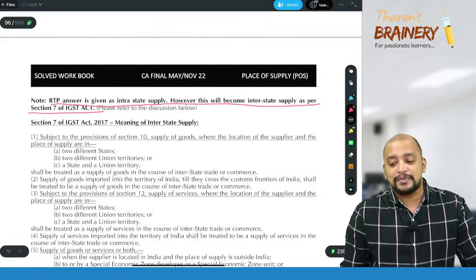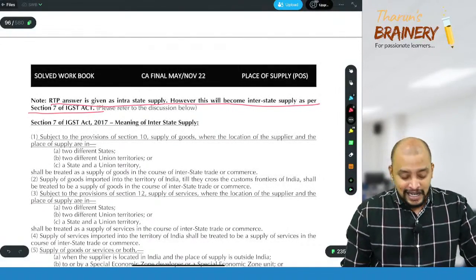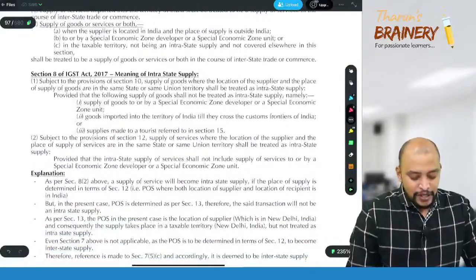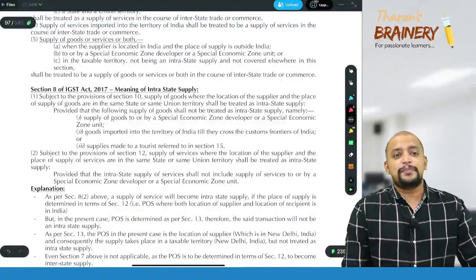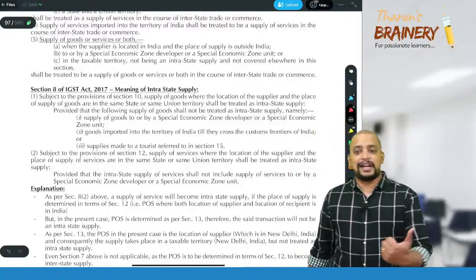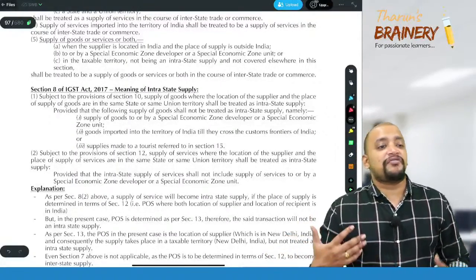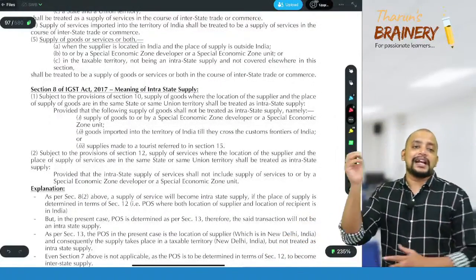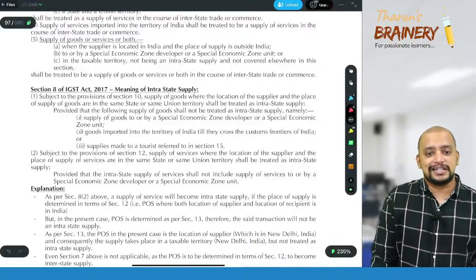Because once we determine the place of supply under section 13, it will always become inter. I gave the explanation below because in section 8, they use the words if the place of supply is determined under section 12 only, then it will become intrastate supply, like that section 8 says. So, therefore, section 7, subsection 5, clause C, supply in the taxable territory not elsewhere specified, will become deemed interstate supply.